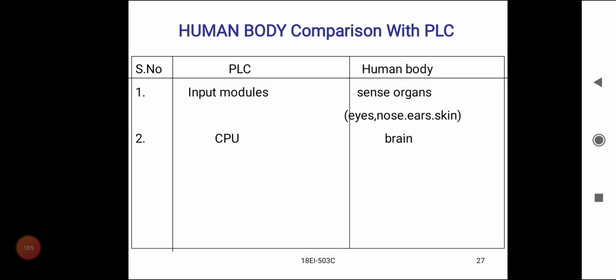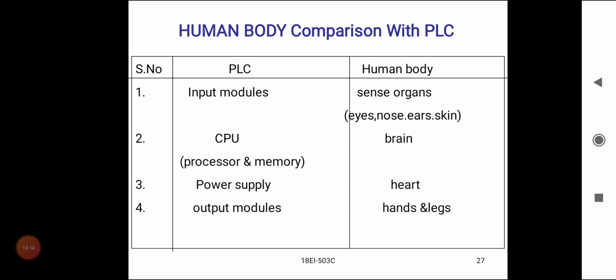The brain is the CPU, central processing unit, with processor and memory. Third one, power supply, the heart is a power supply. Output modules are hands and legs. Communication interface, mouth.